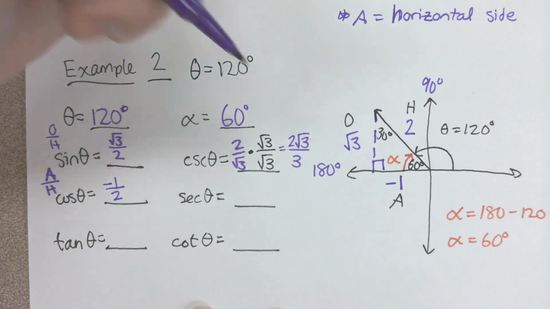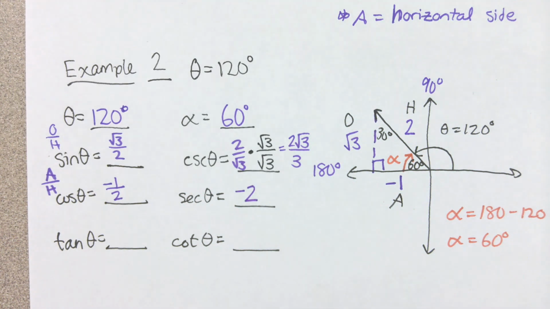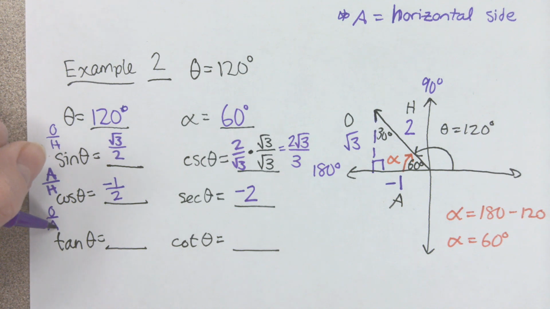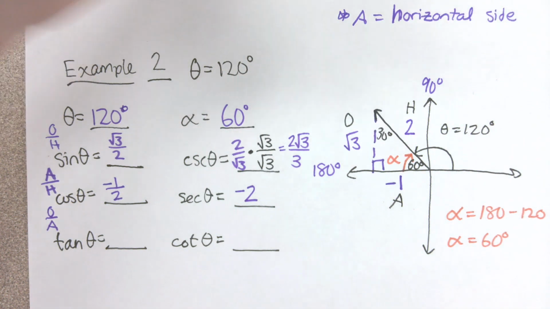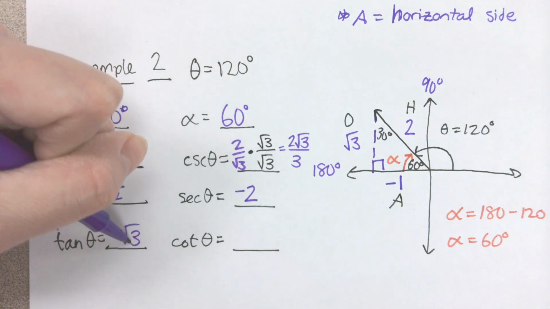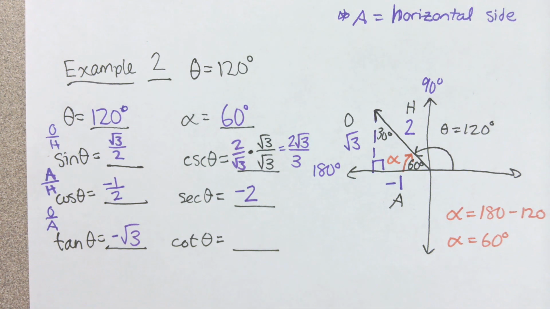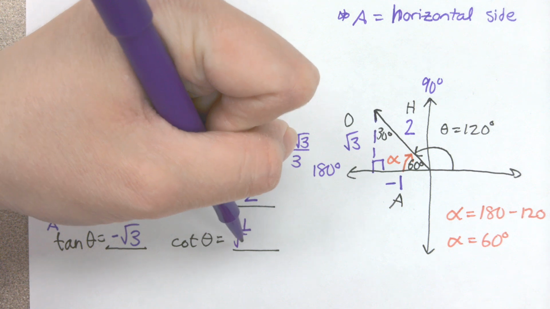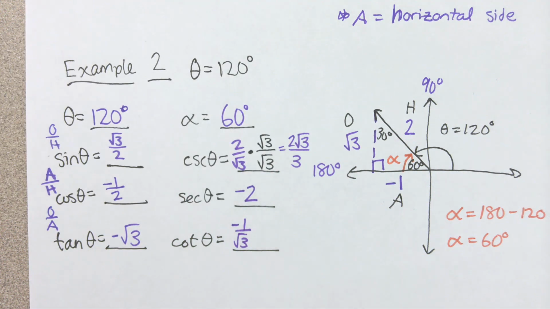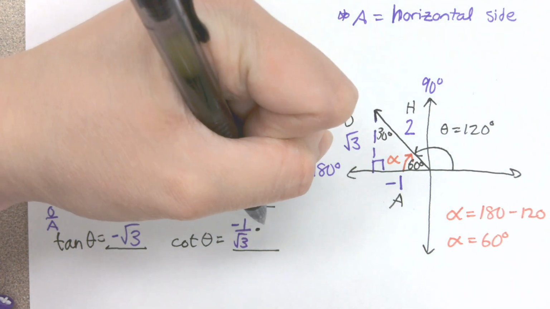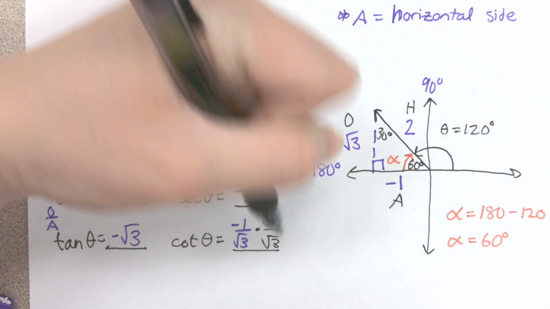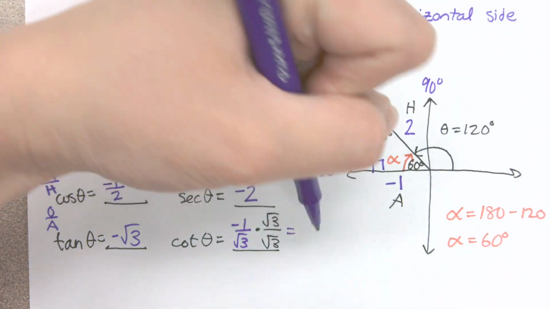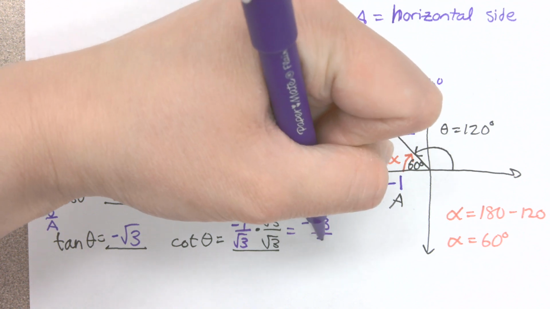Secant, flip it, it's negative 2. Tangent, O over A: rad 3 over negative 1, so negative rad 3. Cotangent, flip it, so that's negative 1 over rad 3. And again, we're going to have to fix that, times rad 3 over rad 3. That gives us negative rad 3 over just 3.